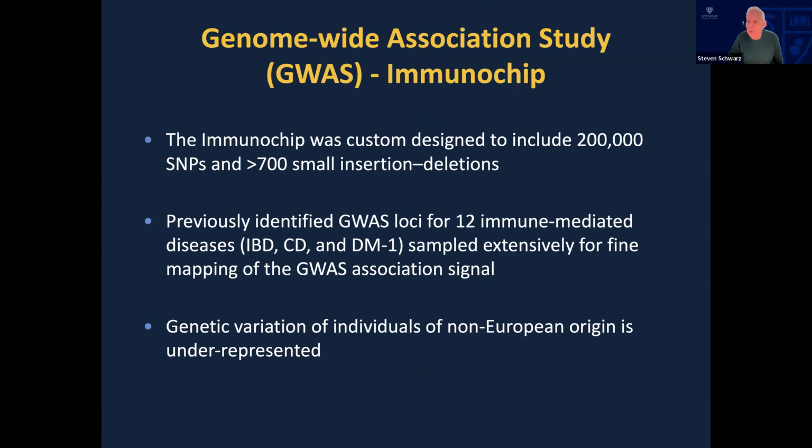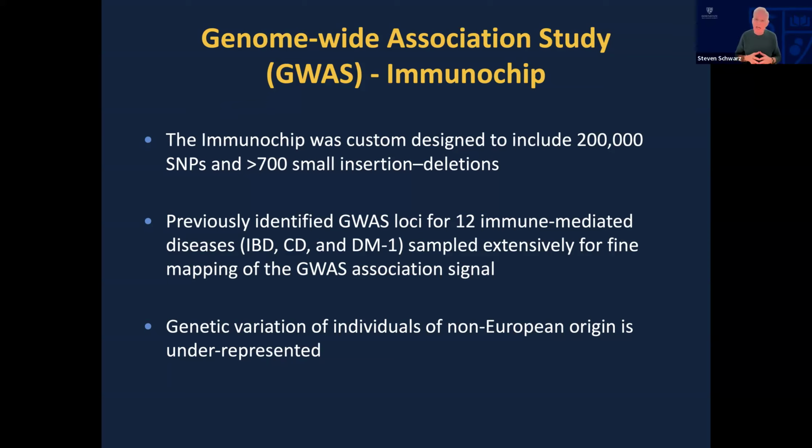How these genes were discovered is a result of both genome-wide association and whole exome sequencing. In genome-wide association, an immunochip is created, which is designed to include a certain number of single nucleotide polymorphisms with small insertions and deletions based on where we predict the problem is going to be.